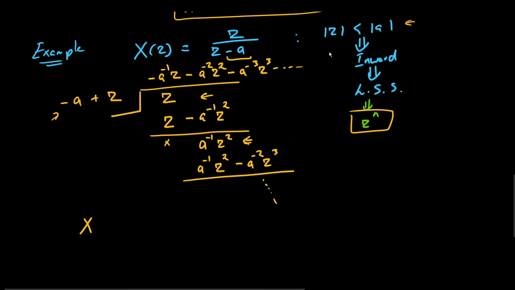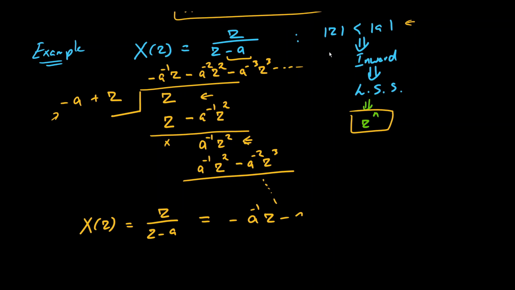So hence our X of z, which is z over z minus a, can equivalently be expressed as minus a⁻¹ z minus a⁻² z² minus a⁻³ z³ and so onwards.